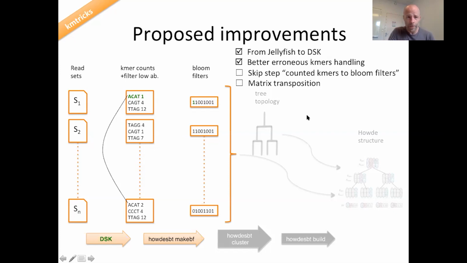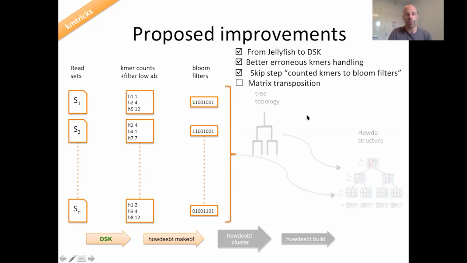The most, let's say, algorithmic idea we propose is the following. What we want at the end of this pipeline is a set of Bloom filters. So instead of counting kmers, maybe we can directly count their hash values, given the hash function.